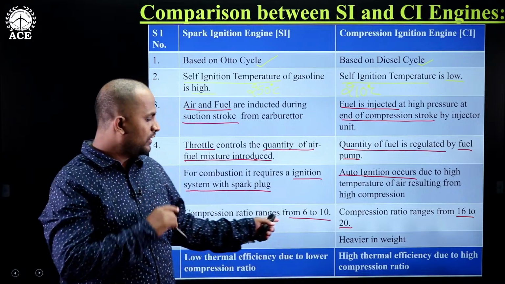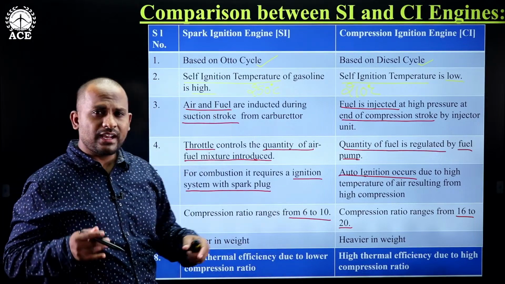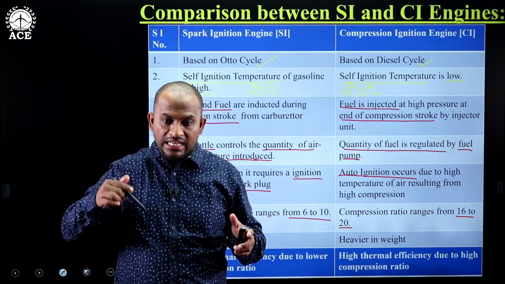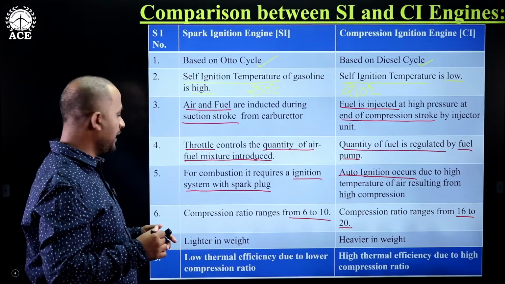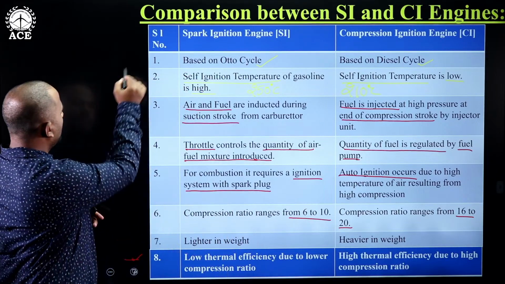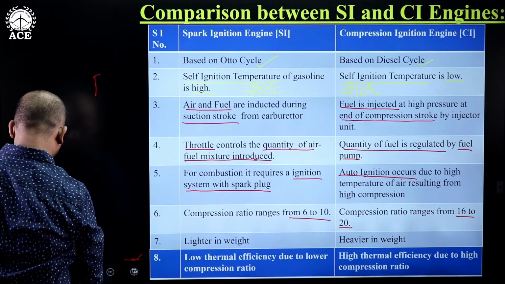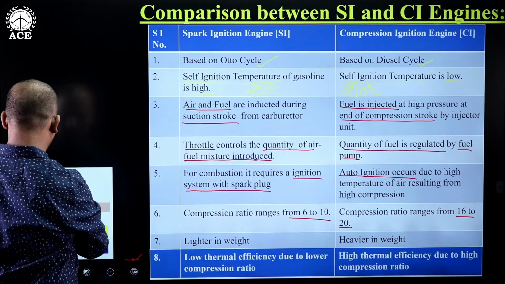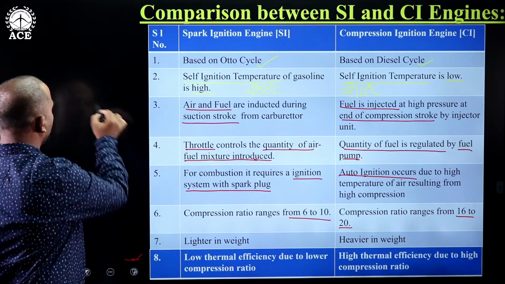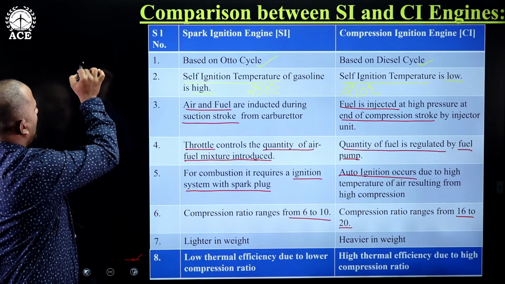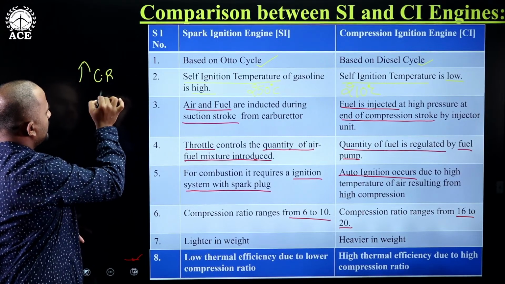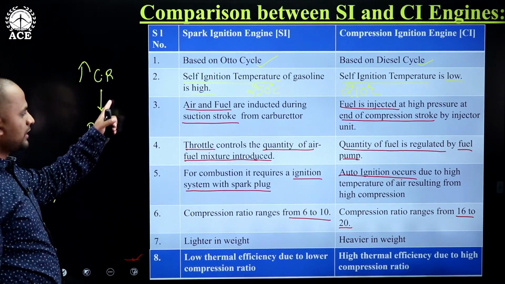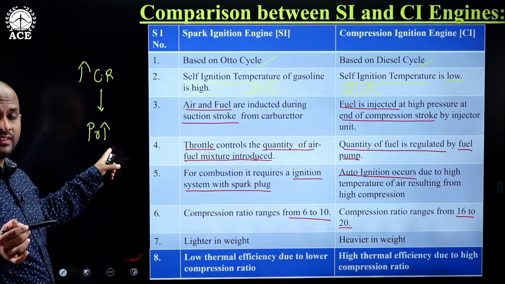Because if SI engines have a higher compression ratio, the pressure inside the cylinder will be higher. Higher compression ratios lead to higher pressures in the cylinder.